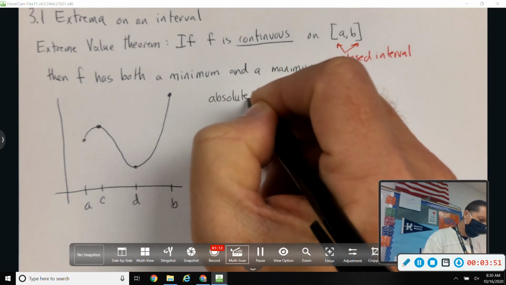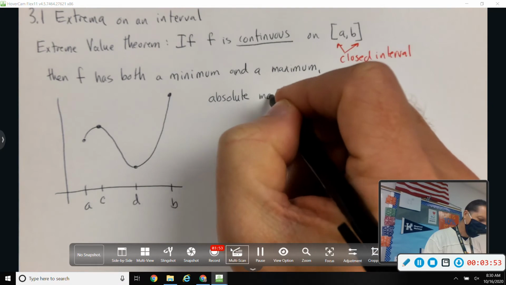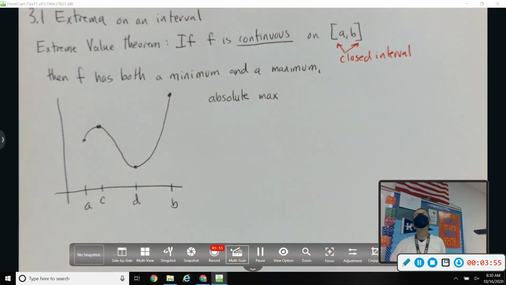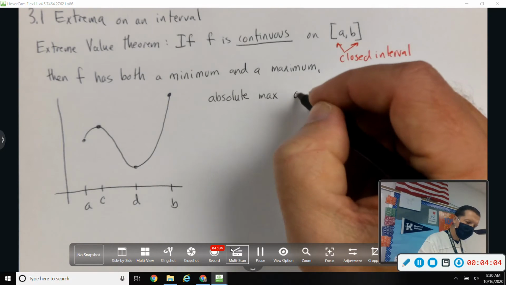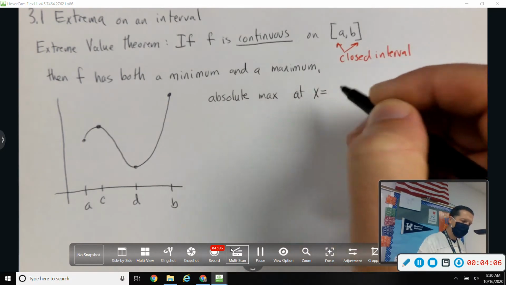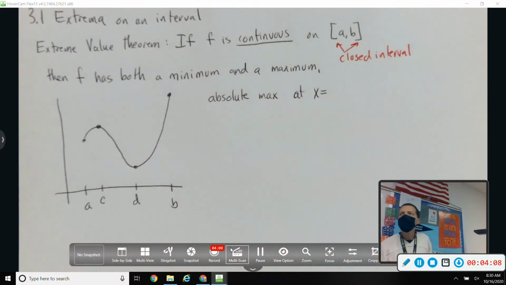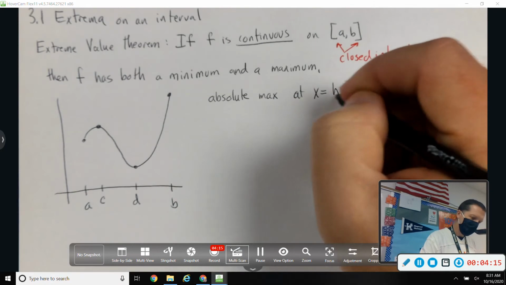Right, that graph has an absolute max, meaning as opposed to a relative max. Well, the relative max we'll talk about in a minute. It has an absolute max at x equals, so which value of x is our graph the highest at? b. Good. At x equals b.